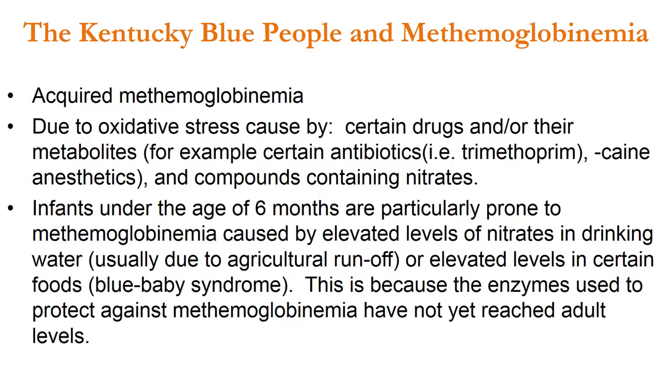You need that enzyme to convert the iron back to the normal version so it can bind oxygen again. So in infants, they don't have enough of that enzyme yet, so they're much more prone to methemoglobinemia. And so nitrates in water, you'll always see that warning. That's why. In babies, you have to be really careful of that.